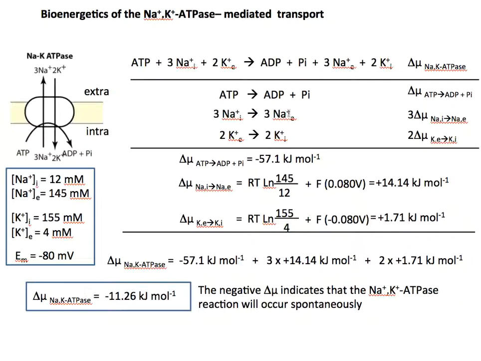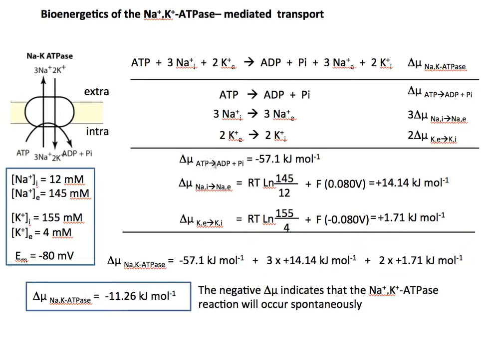Well, we broke it down to the individual components. So ATP being hydrolyzed, sodium coming from inside to outside, and potassium going from outside to inside. And then we calculated their associated free energy difference. So it's not free energy yet because we haven't multiplied the number of moles yet.